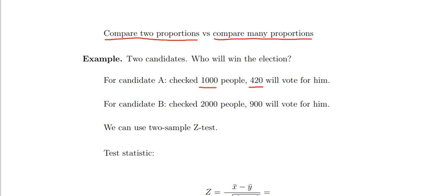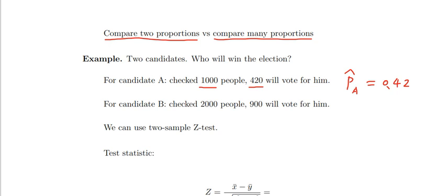So from our survey data, we find the percentage for candidate A, or P1, equals 42, right? So from our survey, it seems 42% of people will vote for him.